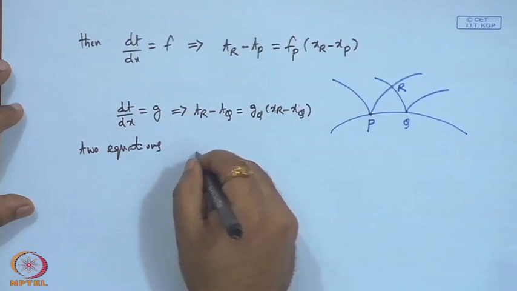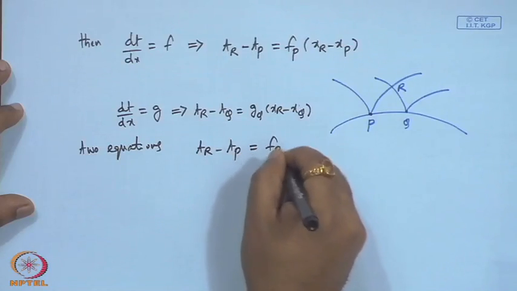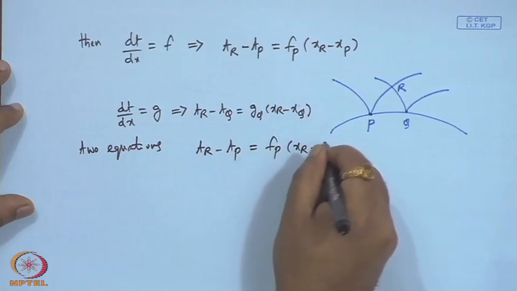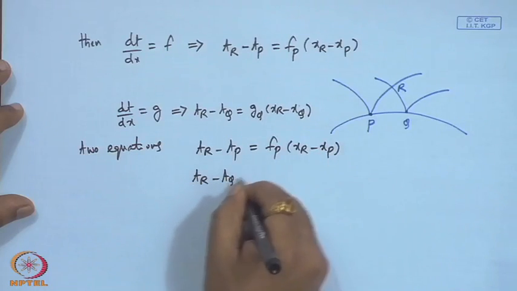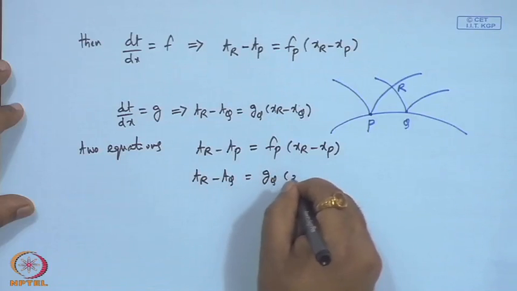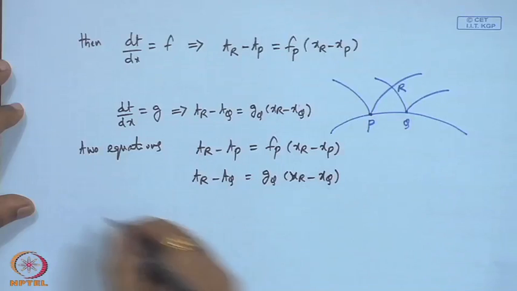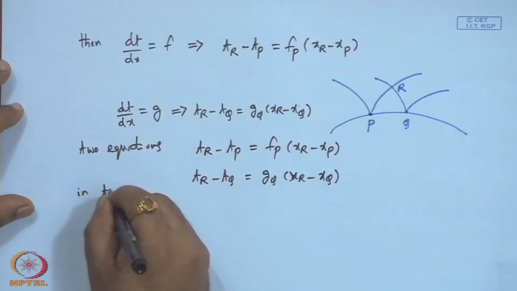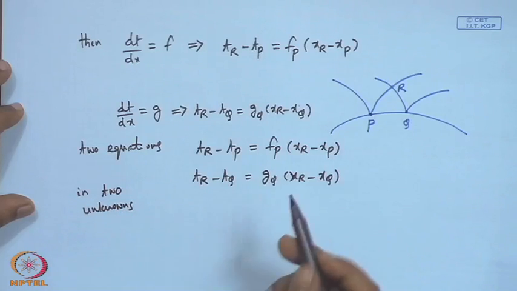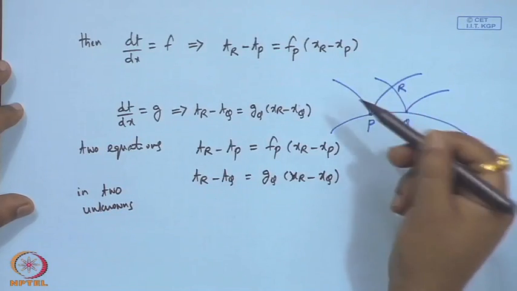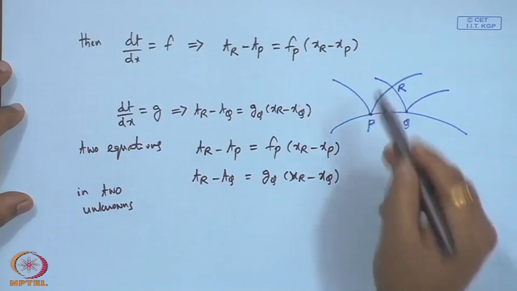So, that means we have two equations in two unknowns. Our first task is to compute the point r. When we compute the point r, then our next task is to compute the solution at r.